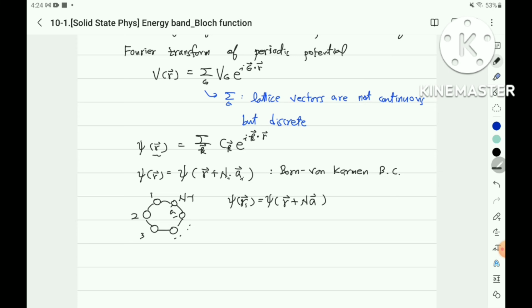They are identical with each other. Therefore, it is a periodic boundary condition. A periodic boundary condition with a single chain, we call the Born-Kármán boundary condition, and it is very natural to understand. It is one-dimensional.